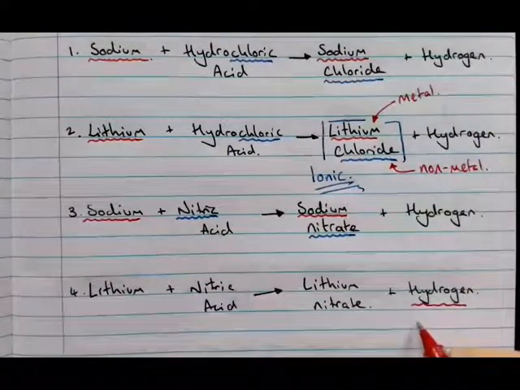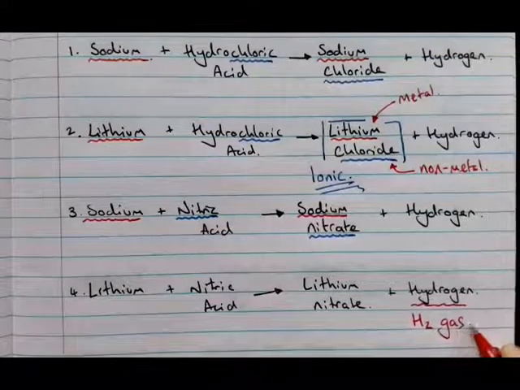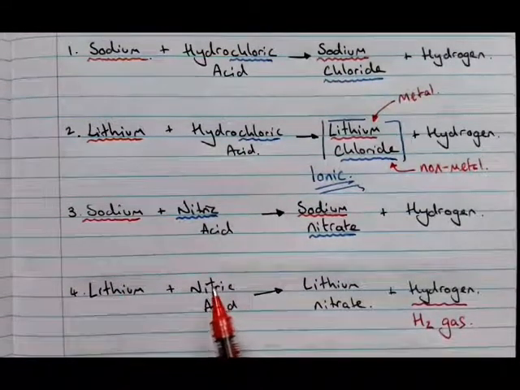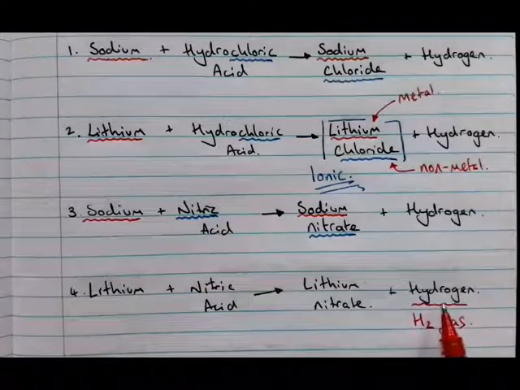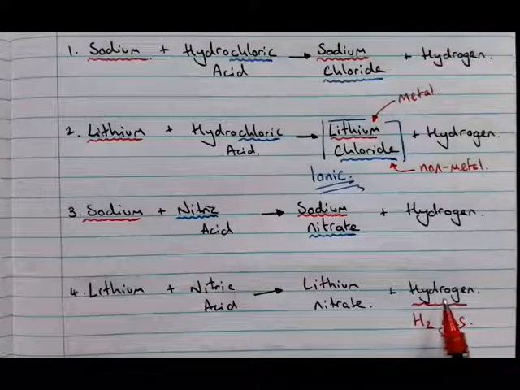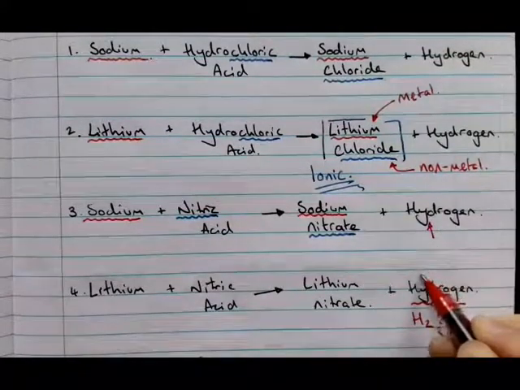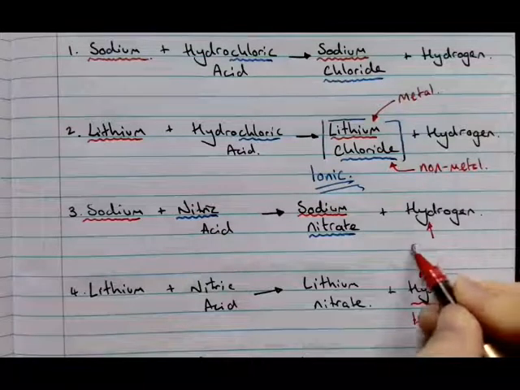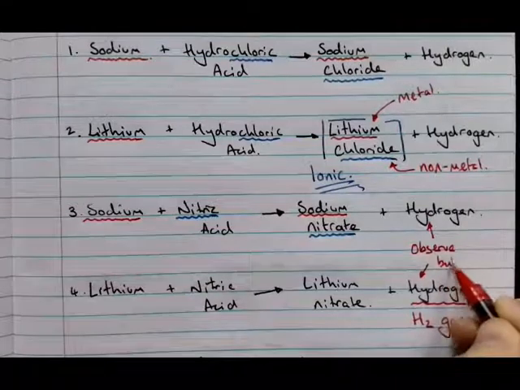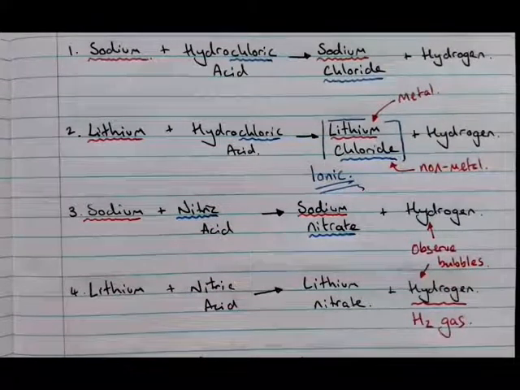Now hydrogen is just H2 gas. So if you add the metal to the acid, you will always get this gas bubbling off. So you would expect to see bubbles. Because we've got hydrogen coming off, this is what we would see, we would observe bubbles. And that's just bubbles of hydrogen gas.